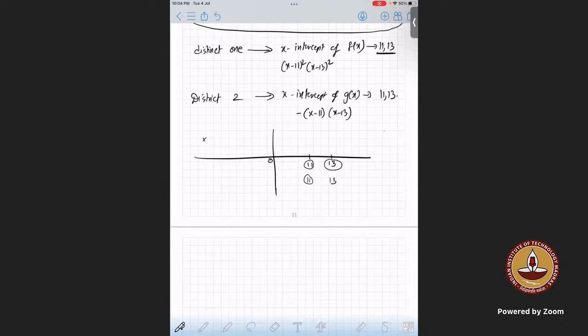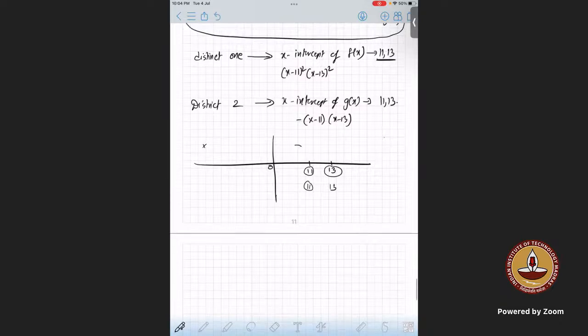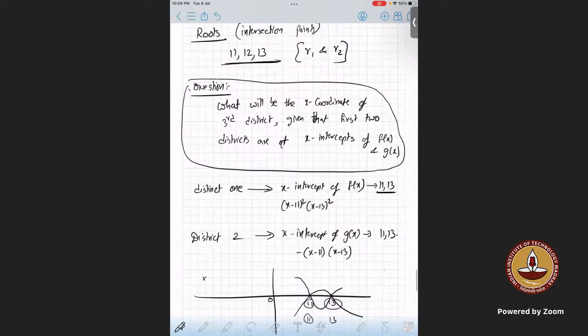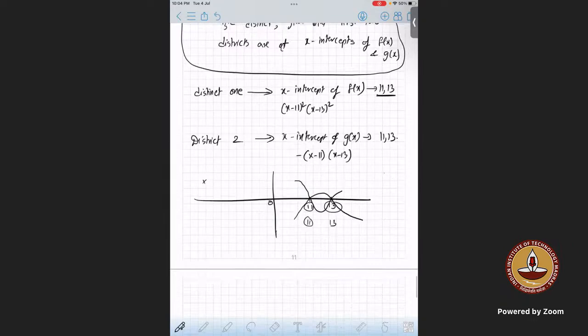So if your road is connecting between district 1 and district 2 to district 3, it must satisfy this intersection. So where is the intersection point between two curves?